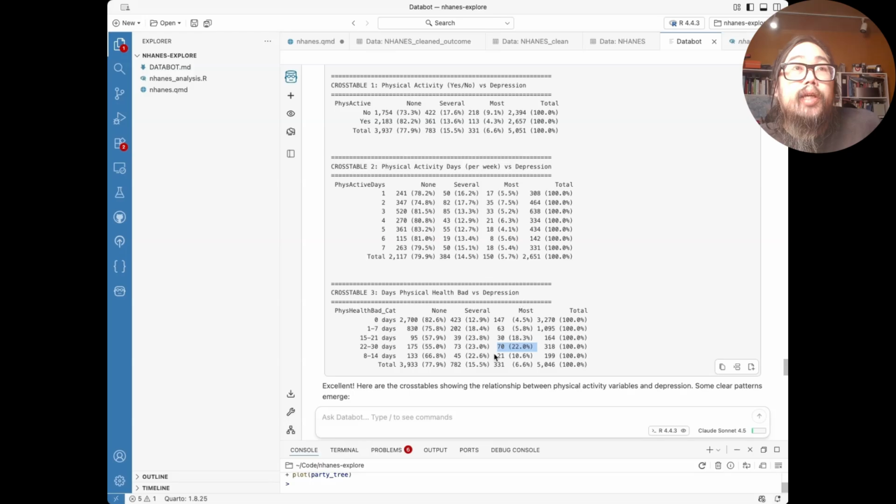So this could potentially be another one. And then physically active: there does appear to be a trend between saying you're physically active or not. This is 9.1%, and that is larger than if you are physically active. So these are two potential variables that could be very interesting in our analysis.